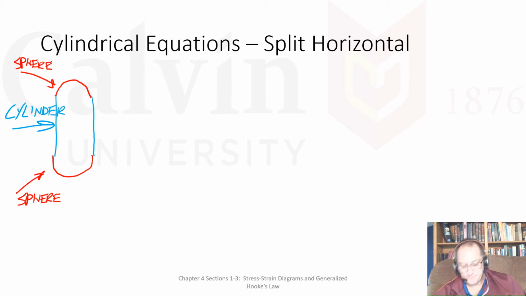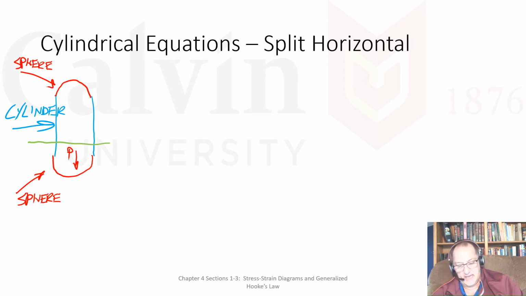Now, I think if you start to think about this, what you're going to see is if I split that along a horizontal line, depending on where I put it, I'm going to have a pressure here acting down. And if I look, it's going to look exactly the same as what we just did.